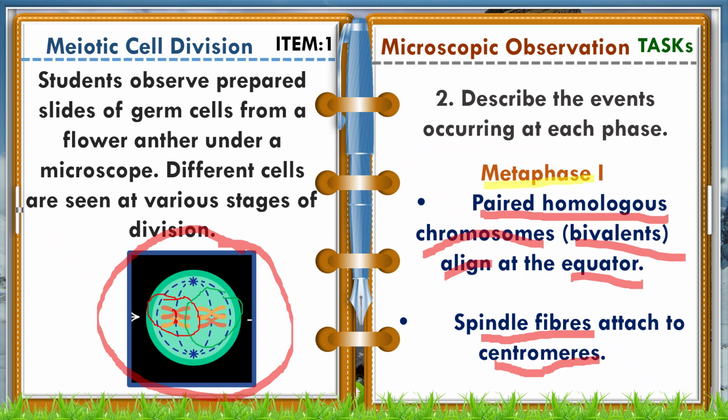So the spindles are going to attach themselves on the middle part of the chromosome, which we call the centromere. So the spindles will attach on the centromere, and that one takes place at the metaphase stage, metaphase 1.